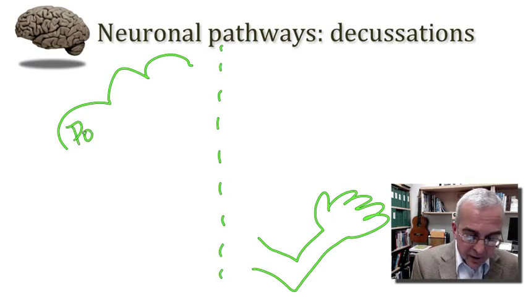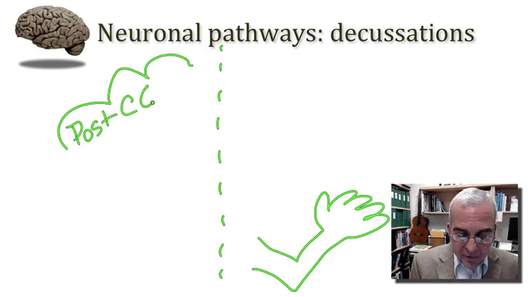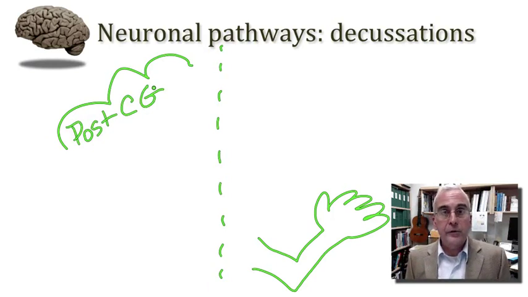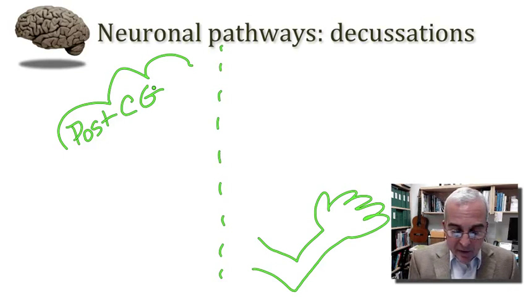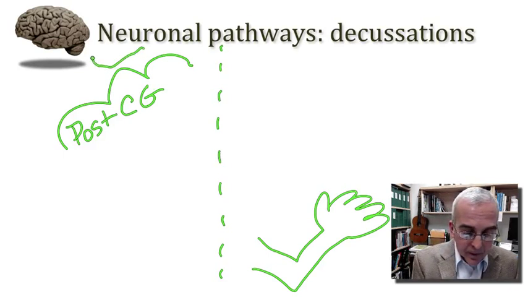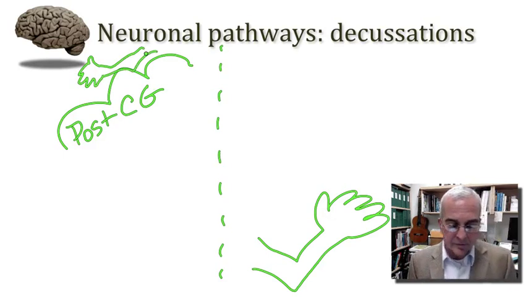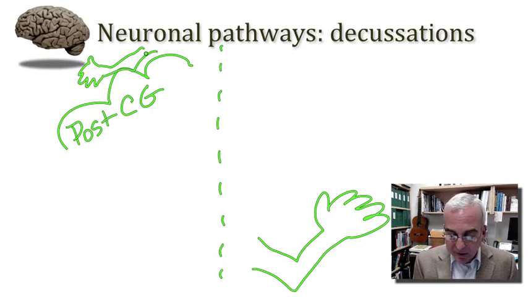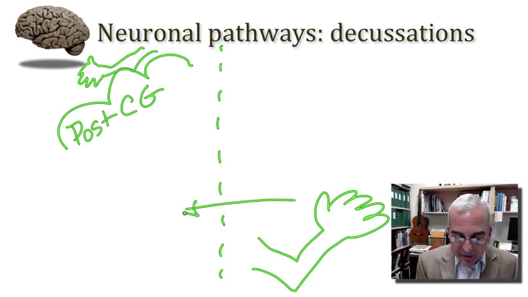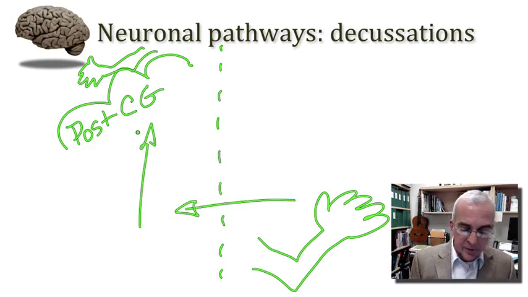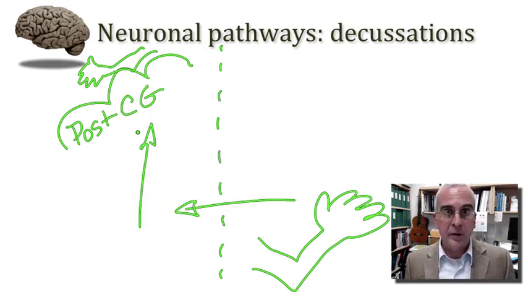Let's say this is the post-central gyrus, which is where we find our somatic sensory cortex. So this body part will find its representation in the somatic sensory cortex. Something like this. Now, contralateral representation implies that there must be some sort of crossing of the midline. Somehow this information has to get from one side of the body to the other in order for the ascending sensory pathway to relay it to the appropriate processing station at the level of the cortex.